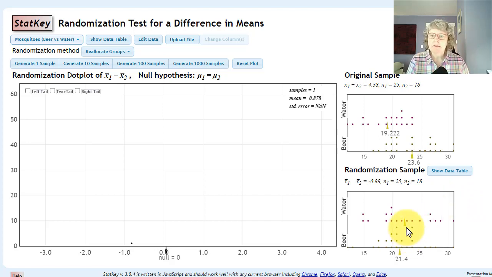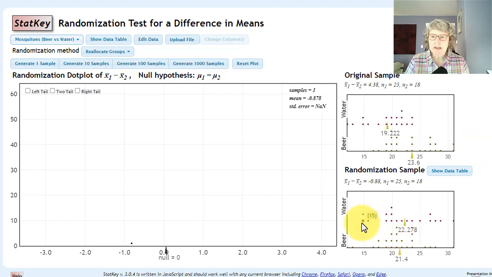And in this case, the water average was actually higher than the beer average. Remember, we're setting up our randomization distribution on the assumption that the null is true, that there's no difference between the groups. Then we'll test and see how strong our evidence is.